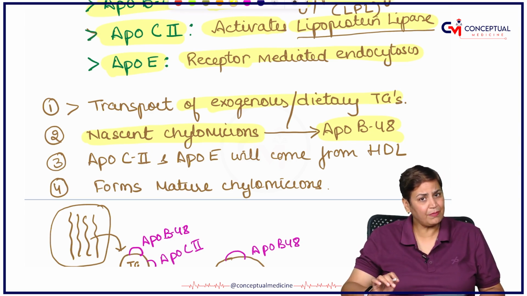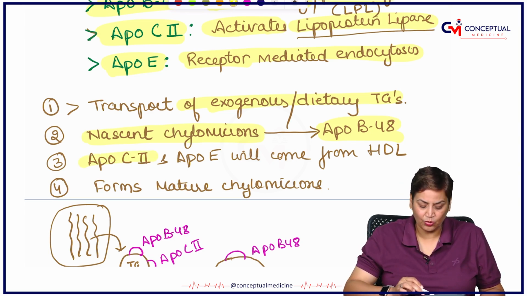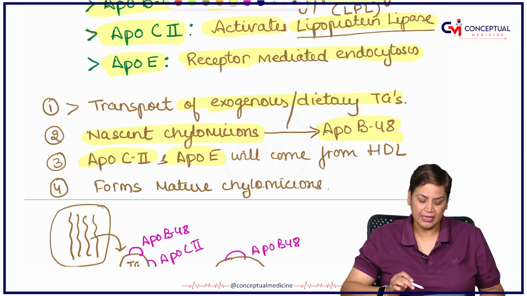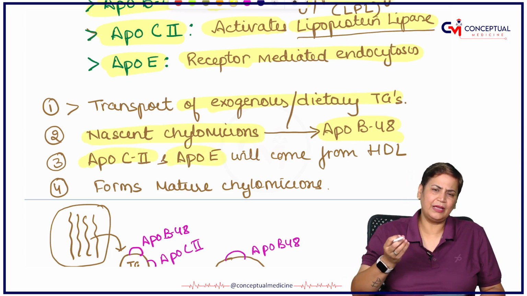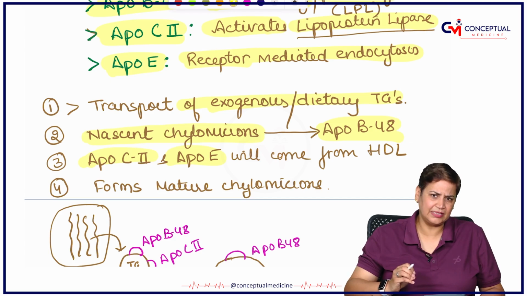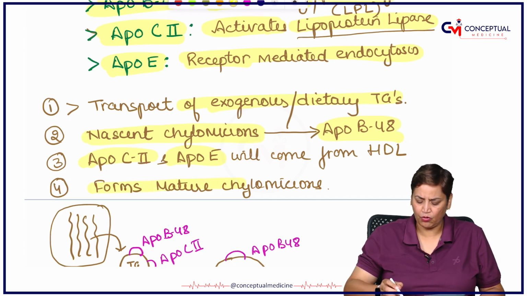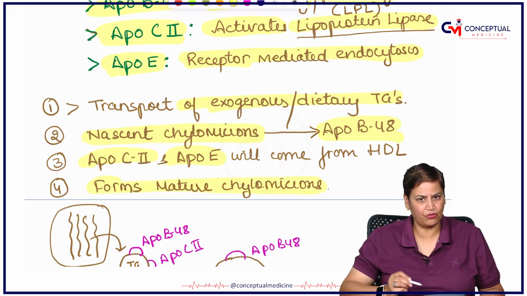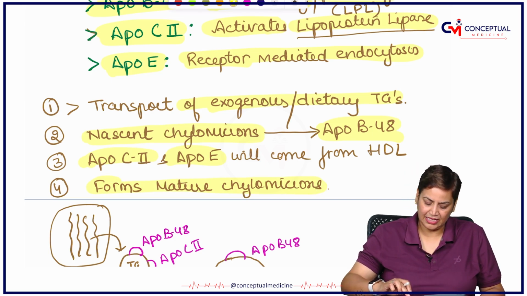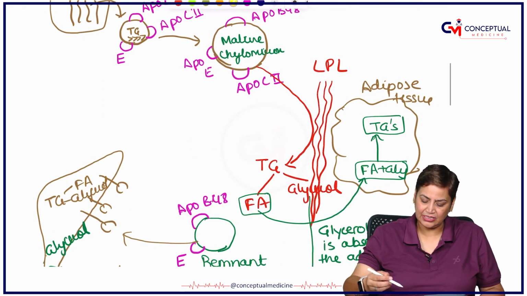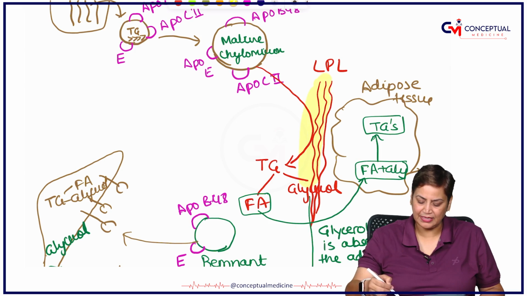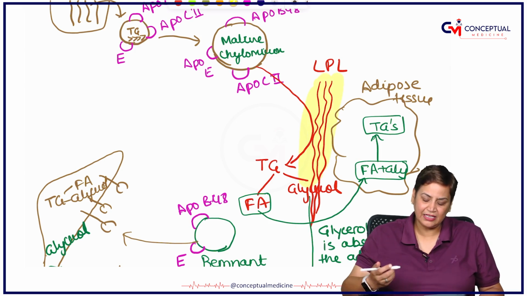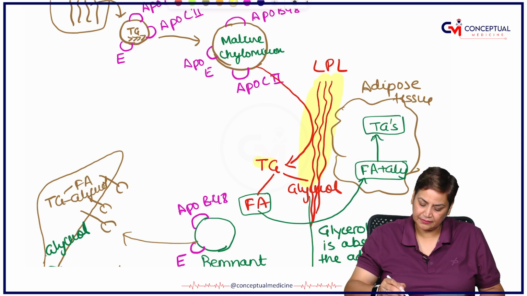Once they are picked up, Apo C-II and Apo E will also appear, and they are going to add more and more TGs to form mature chylomicrons. And for these mature chylomicrons, lipoprotein lipase will extract these TGs, and they will be converted into remnant chylomicrons.